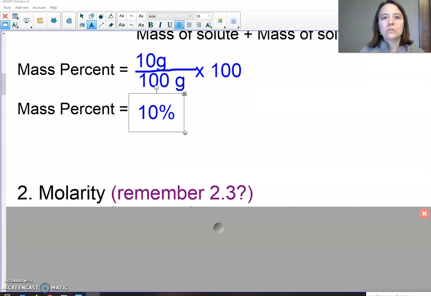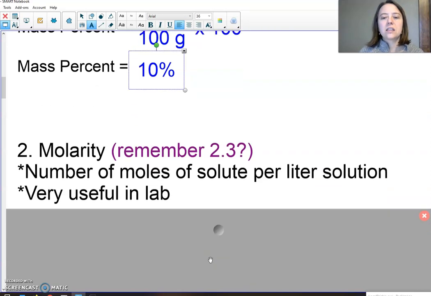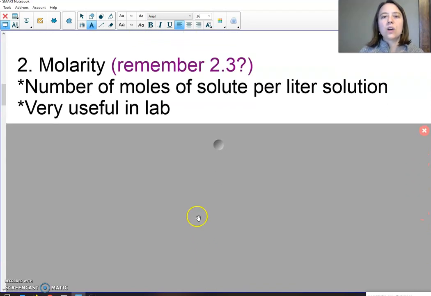Another way to show concentration is with molarity. And we talked about molarity way back in Chapter 2. So if you need a refresher, 2.3 is on page 60. And it is the number of moles of solute per liter of solution.